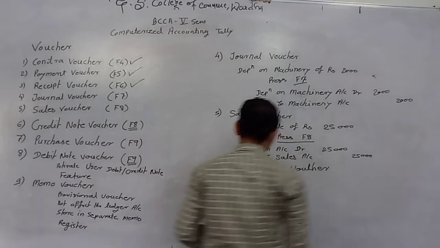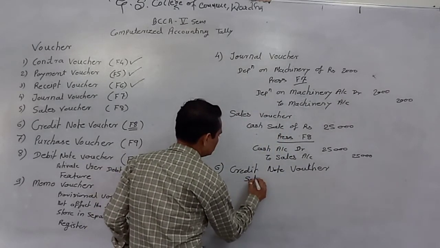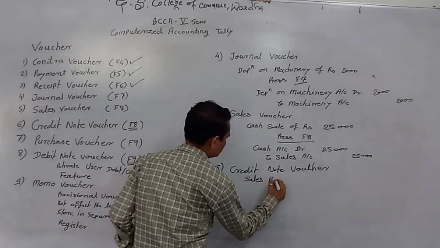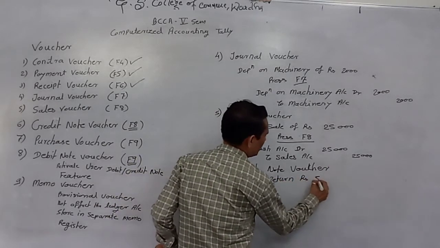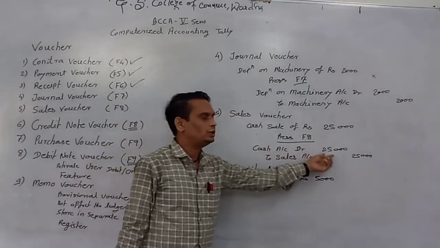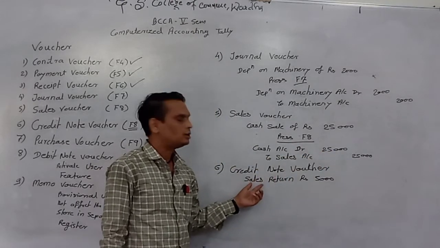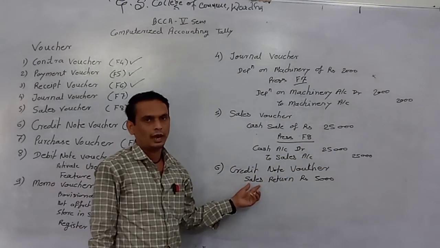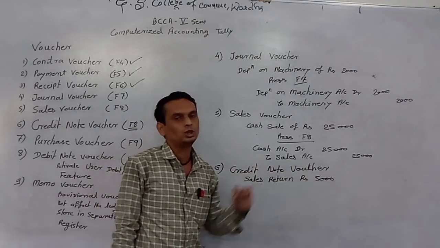For example, sales return of rupees 5,000. Just like we sold rupees 25,000, from that 25,000, 5,000 was returned as a sales return, and that transaction can be recorded into the credit note voucher.